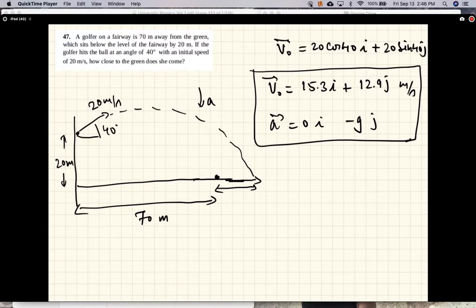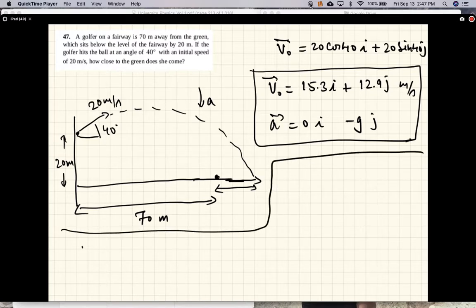Now let's look at the y component of the motion. y minus y naught equals v naught y t plus 1/2 a y t squared.